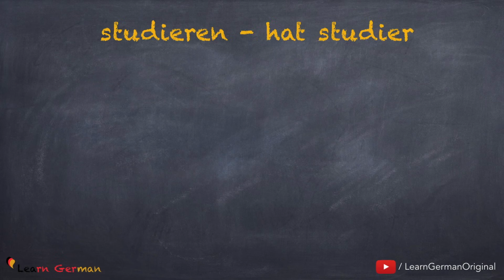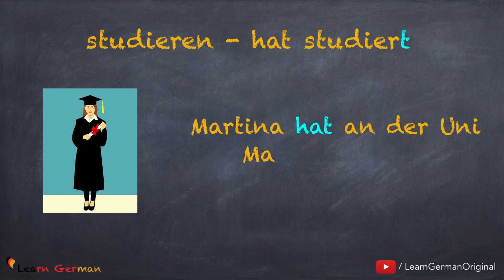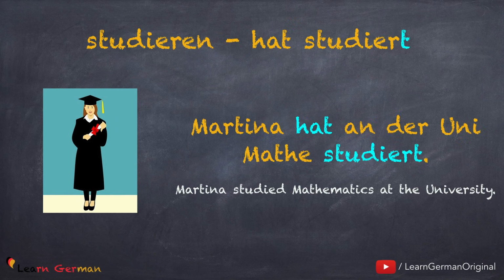For example, studieren, hat studiert. Once again, in this case, we take the Verbstamm, that is studier, and add a t to the end. And here's an example. Martina hat an der Uni Mathe studiert.